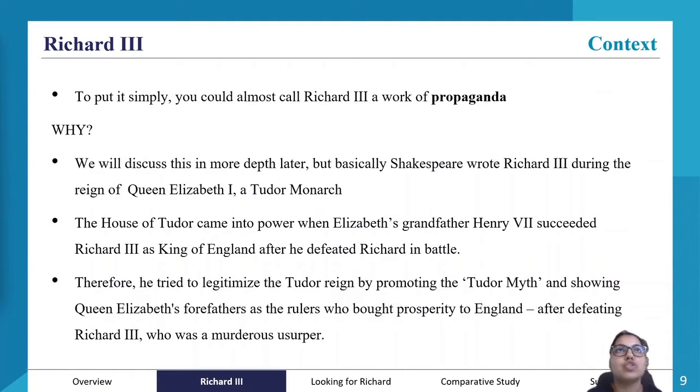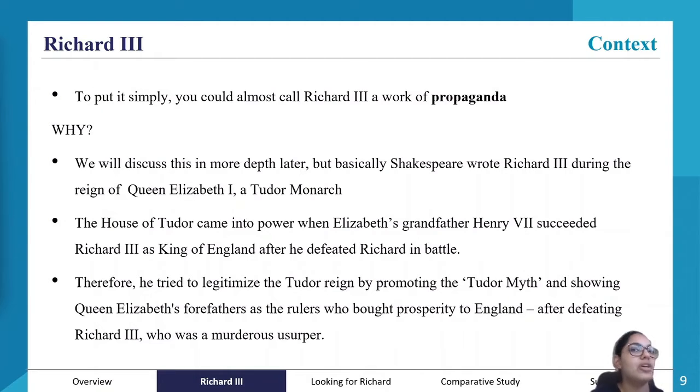So in the play, if you've had a look at the play or the summary, you would see a character named Richmond. Richmond defeats Richard at the end of the play. Richmond is Queen Elizabeth's grandfather, and so by showing that Richard was evil, conniving, villainous, a usurper, Machiavellian, Shakespeare's basically showing how Queen Elizabeth's grandfather, Richmond, brought peace to England by killing Richard.